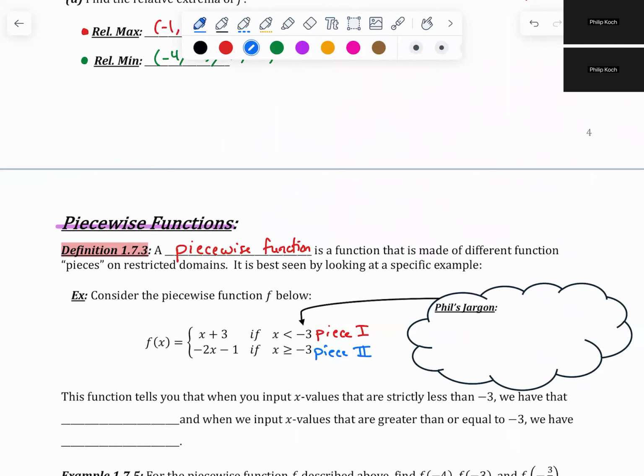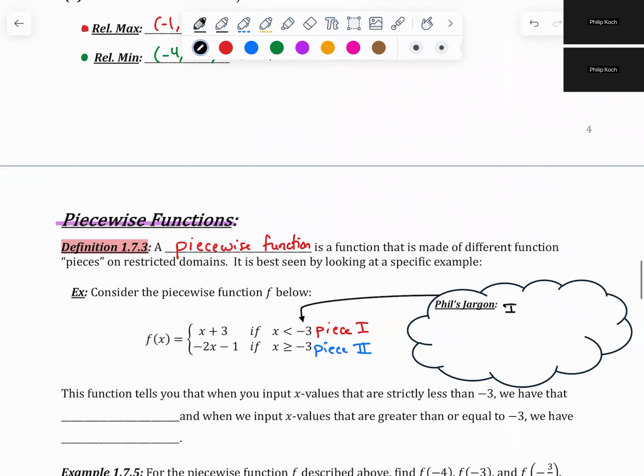Now, some jargon. I call x equals -3 a dividing value. The values that split up all the domains of the pieces, those are what we call the dividing values.